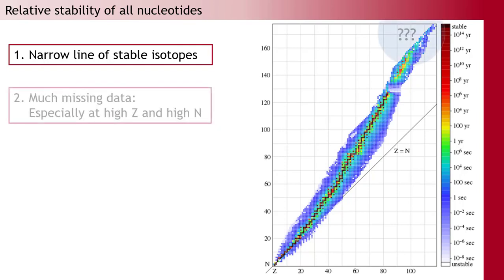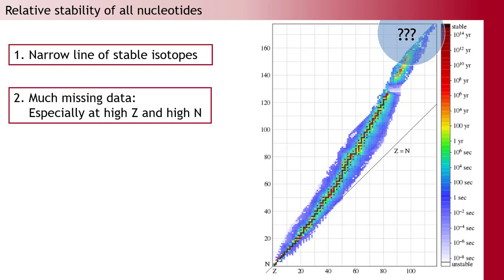I need to tell you there's quite a lot of unknown here. It's very hard to make extremely neutron-rich nuclei, so we are missing data on the side of this valley of stability. In addition, it becomes harder and harder to make atoms of the highest atomic number, the largest values of Z. All in all, this limits the range of our observational data.